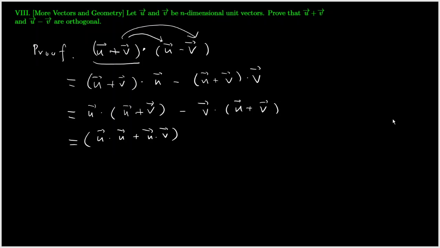So do you see what's going on? Now you look at the brackets. Minus, I will put all the stuff inside brackets: v dot u, and then plus v dot v. Originally, we wanted to prove the dot product is equal to 0.